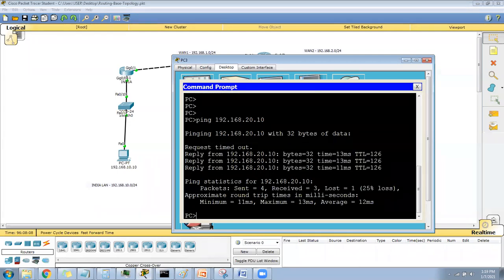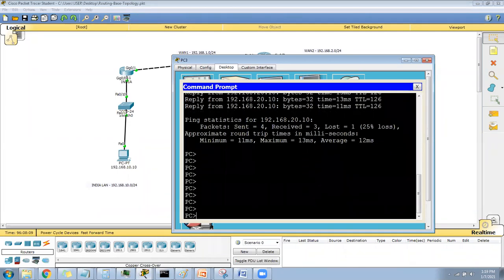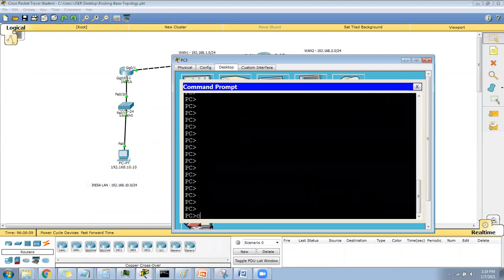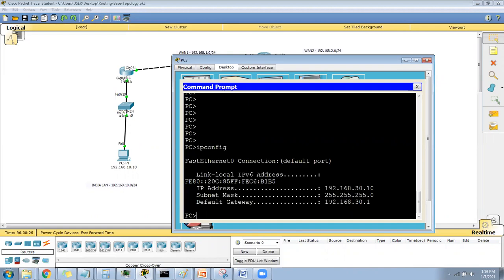So let's do one thing. In Linux we have the clear command. Okay, now listen very carefully. Let me first check ipconfig once again, the IP address of this machine. Let's ping the gateway 192.168.30.1.